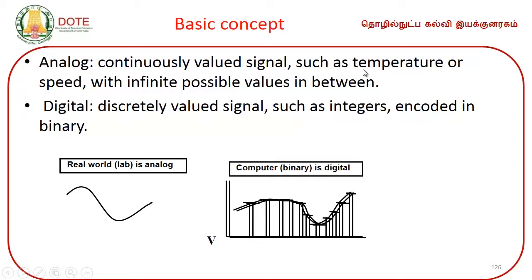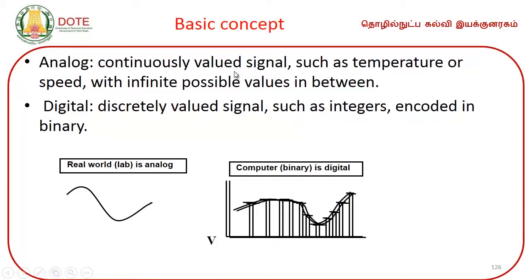Say temperature varies with time, it may increase or decrease. Speed, so anything in real life is mostly analog in nature, changing its magnitude with respect to time, may either increase or decrease. At different times it has a different value, an analog signal that is continuously varying.